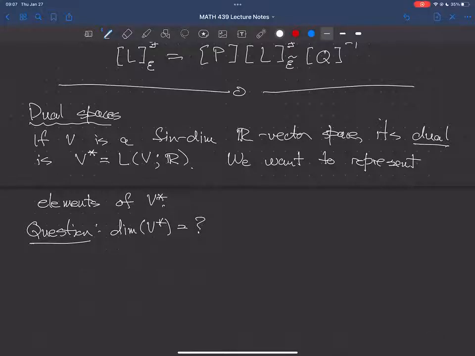If you have linear maps from an m-dimensional vector space to an n-dimensional vector space, we know that the set of linear maps is a vector space. It has a natural vector space structure, and you would have studied that in 212. This is a specific instance of that. What's the dimension of the vector space of linear maps between an m-dimensional vector space and an n-dimensional vector space?